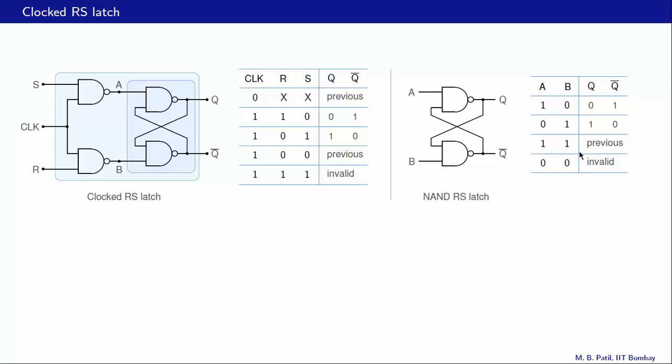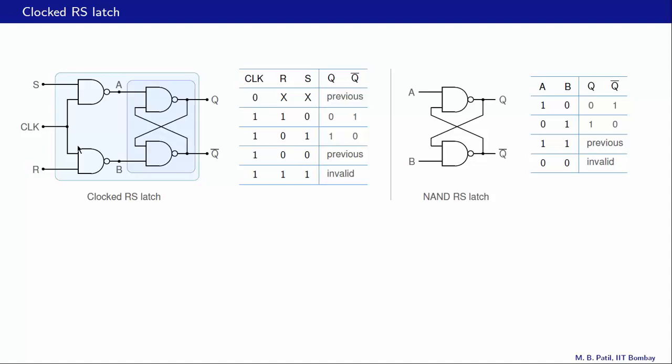That means Q and Q bar will continue with their previous values. So that explains this first row over here. So as long as clock is 0, the latch outputs do not change. So for anything to happen, we must have clock equal to 1, as in these subsequent entries.